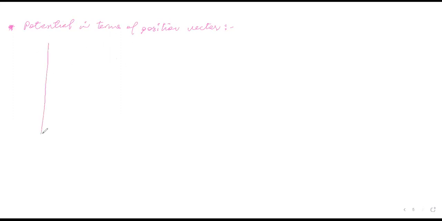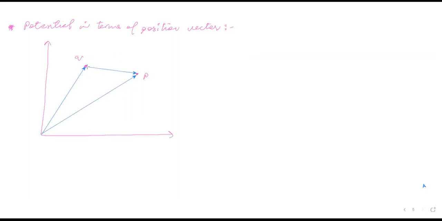You can take it like this. This is your x-axis and this is your y-axis. This is your charge Q, and we want to calculate at this point P what your potential is. First of all, we should join all of the points from the origin. When you join this, you get this one, and for P, it is this one.